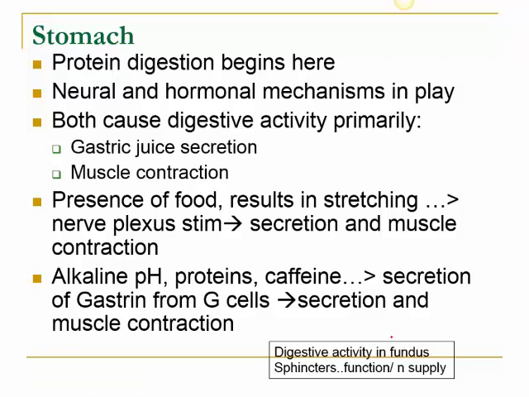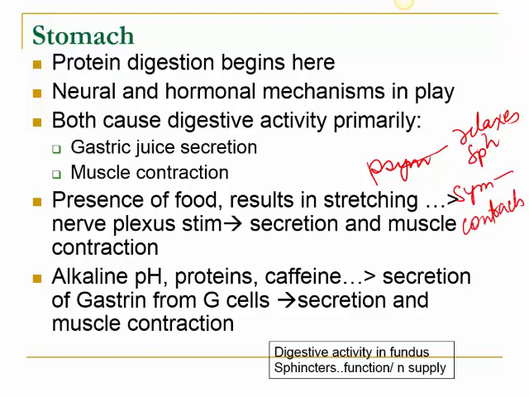In the nerve supply of these sphincters, the parasympathetic system relaxes the sphincters and the sympathetic system contracts the sphincters. So whilst the parasympathetic system causes muscle contraction for the rest of the organ, in the case of the sphincters, it relaxes the sphincters. So during digestion occurring in the stomach, both parasympathetic and sympathetic act together.